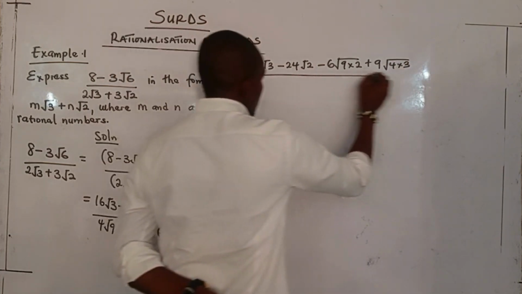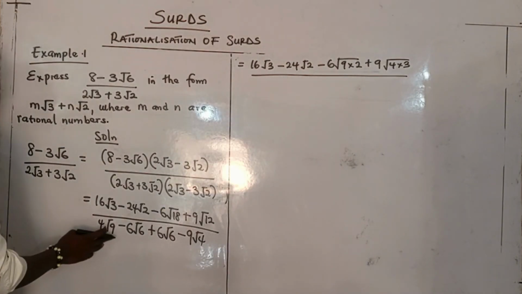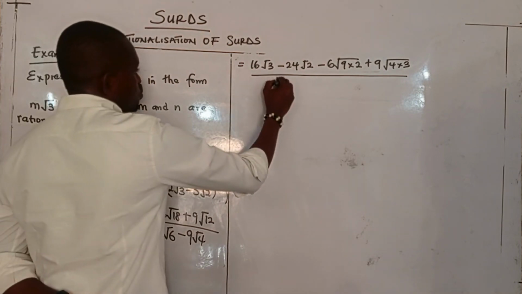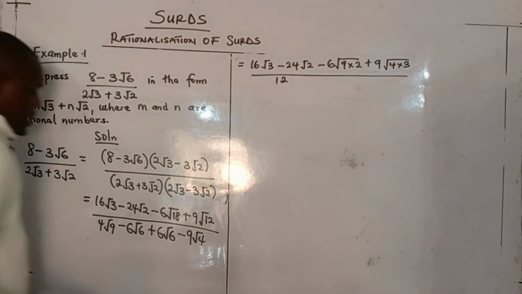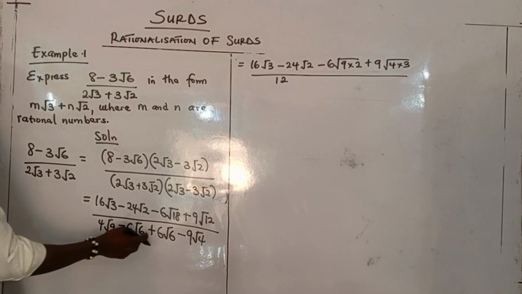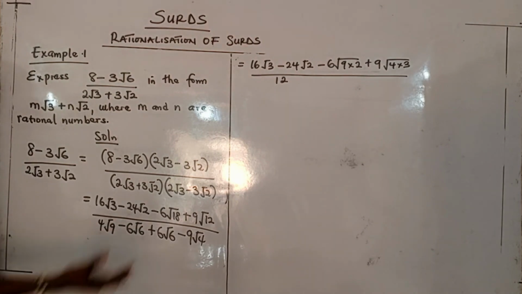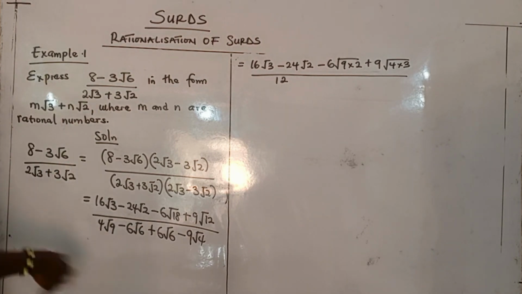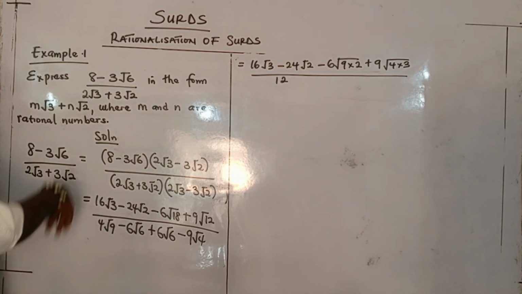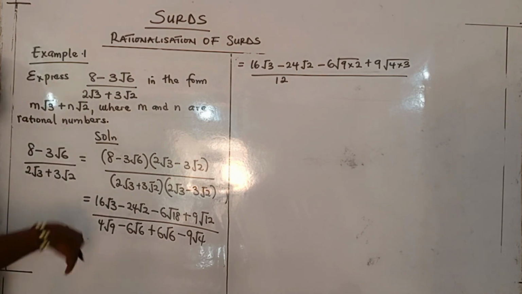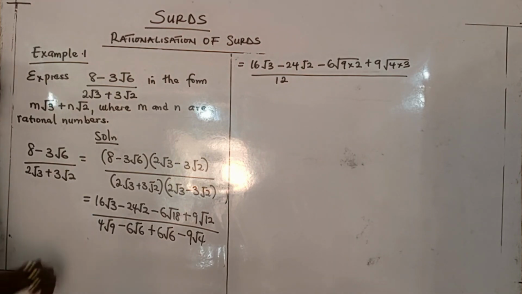Then all over, we'll come back here, square root of 9 here is 3, so 3 times 4 is 12. Then minus 6√6 plus 6√6: a negative number added to the positive of that same number is 0.